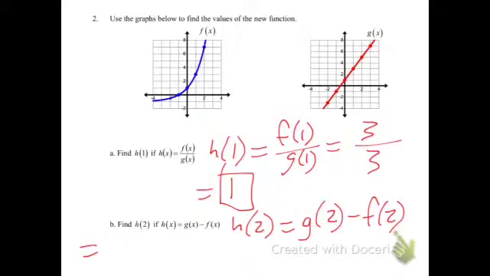That function is 5 tall, so g of 2 is 5. I have to find out what f of 2 is, so I go where x is 2, go up to where my function is. It is 7 tall, so f of 2 is 7. 5 minus 7 gives me -2, and that's my answer for B.